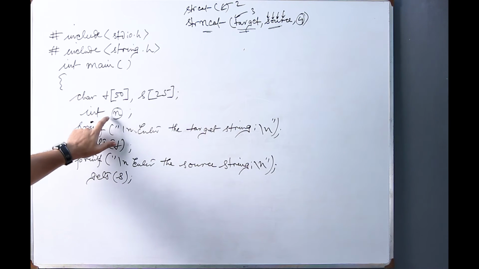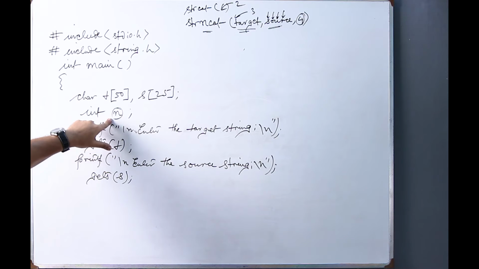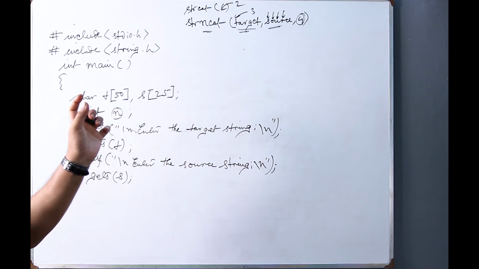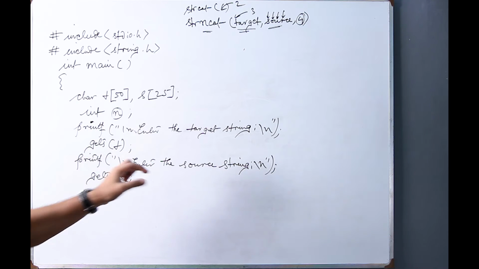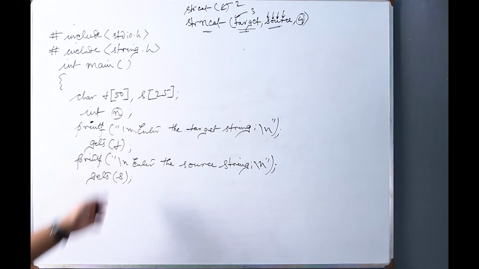Then I will take this integer variable from the user as an input, because the user will give how many letters of the source string are to be concatenated to the target string.